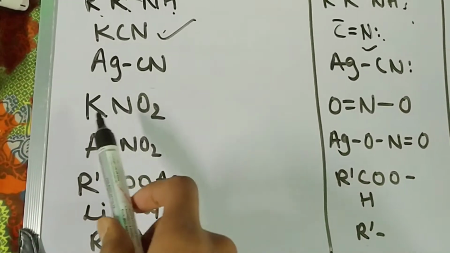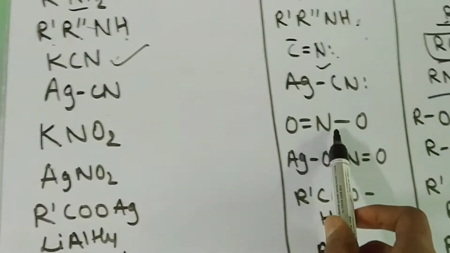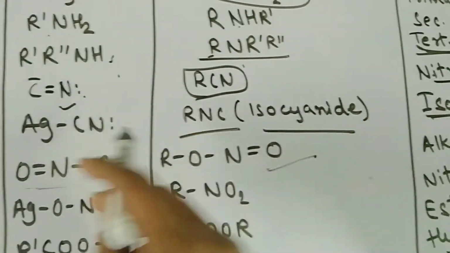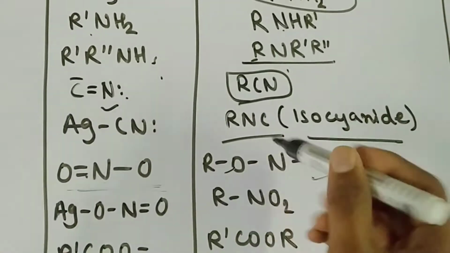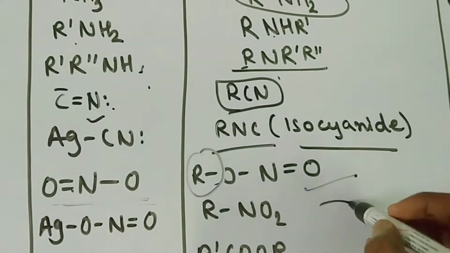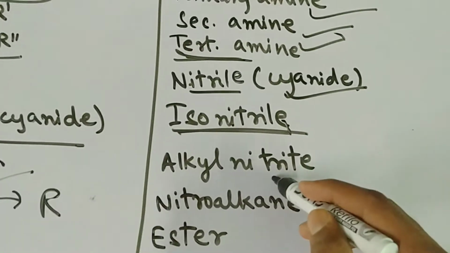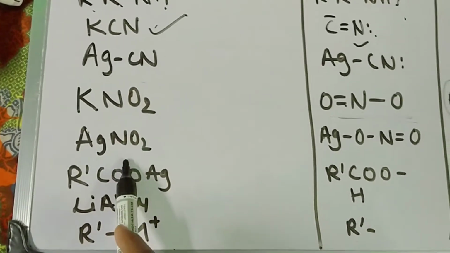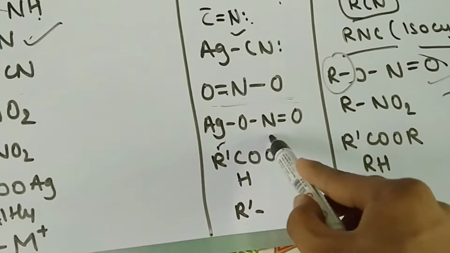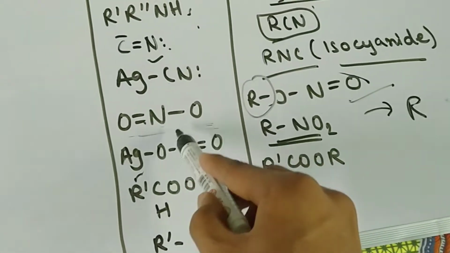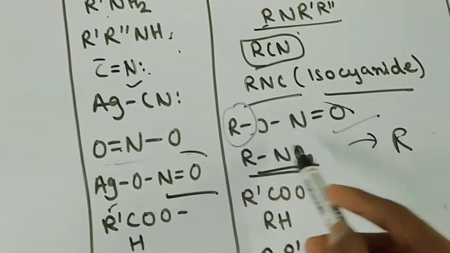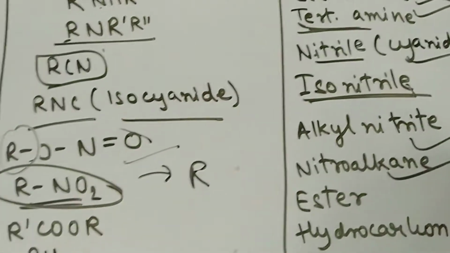More reactions: KNO2 gives the nucleophile NO2 and it attacks R and forms RONO, the alkyl nitrite. Same with AgNO2, which gives Ag and NO2, and NO2 comes out as the nucleophile, and we get our product RNO2, the nitroalkane.